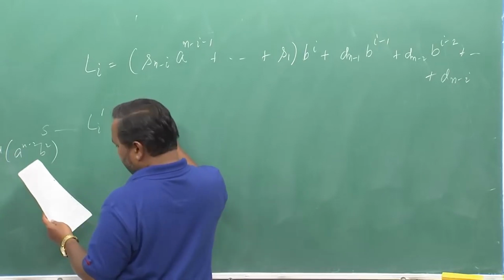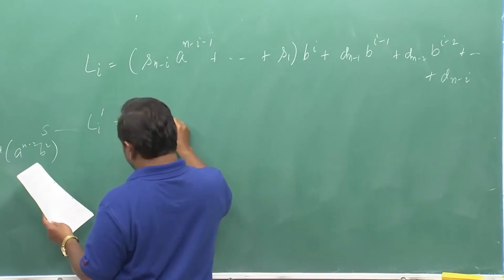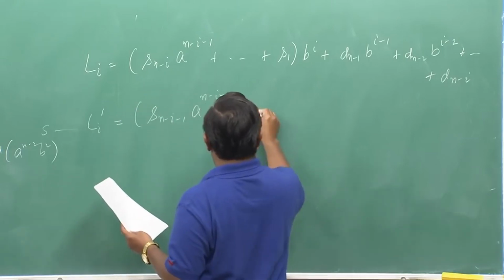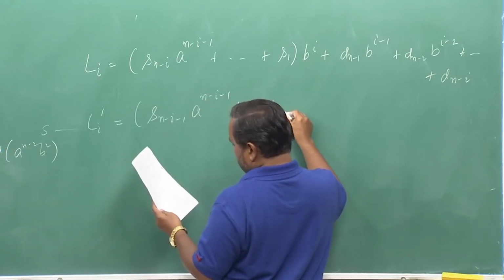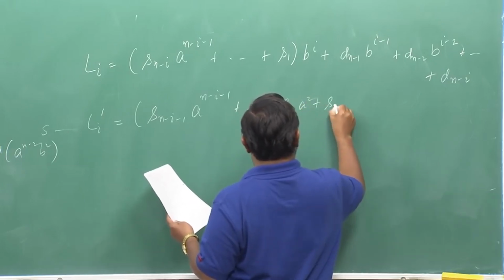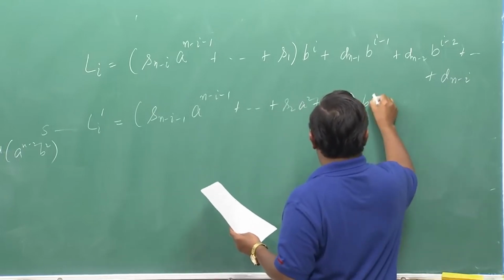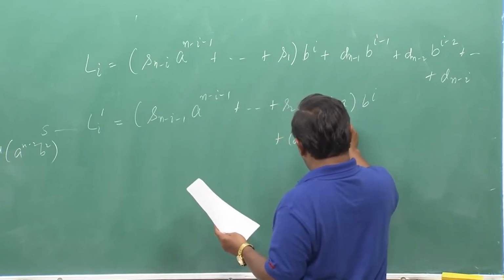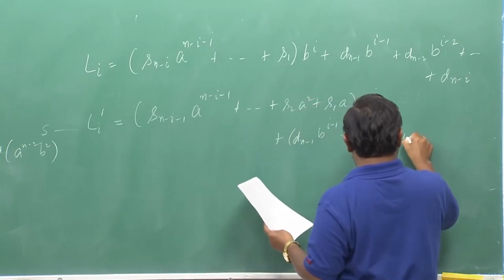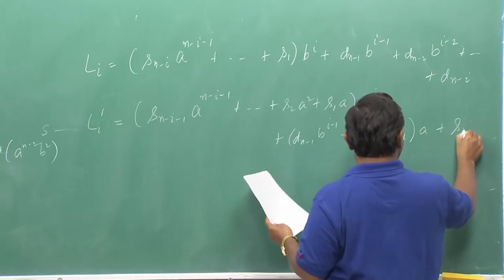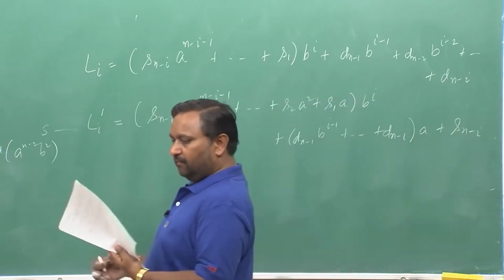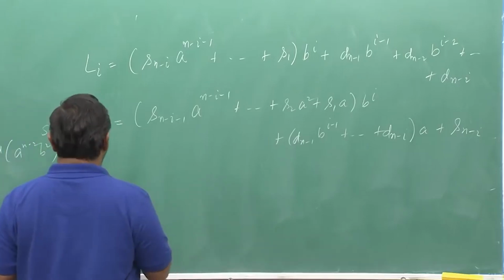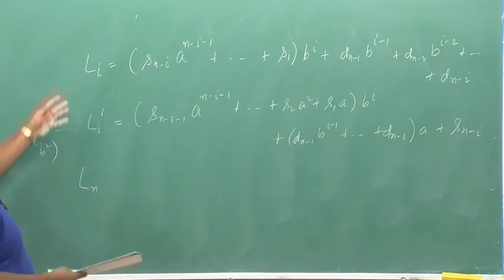So this Li prime should be S of n minus I minus 1 a raised power n minus I minus 1 ... dn minus I into a plus s n minus I. And of course, once we know this, we can find out what will happen after the nth stage, what will be Ln. So this can be proven using the same procedure.